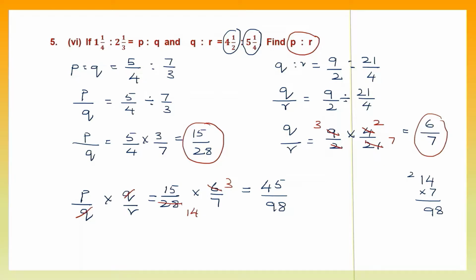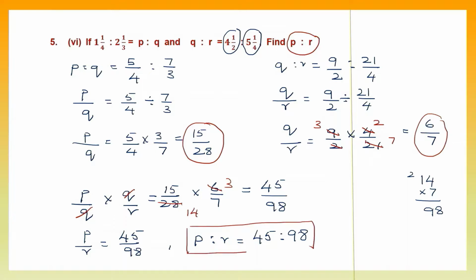So what do I have on the left hand side? I have P by R, and on the right hand side 45 by 98. That means P is to R is 45 is to 98. So I have been asked to find P is to R, and we have found P is to R to be 45 is to 98.